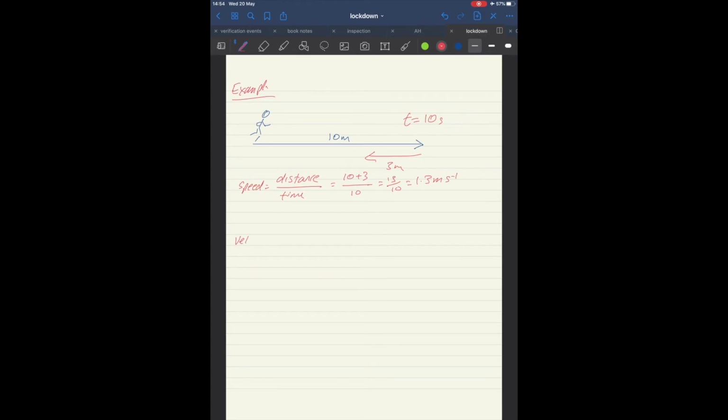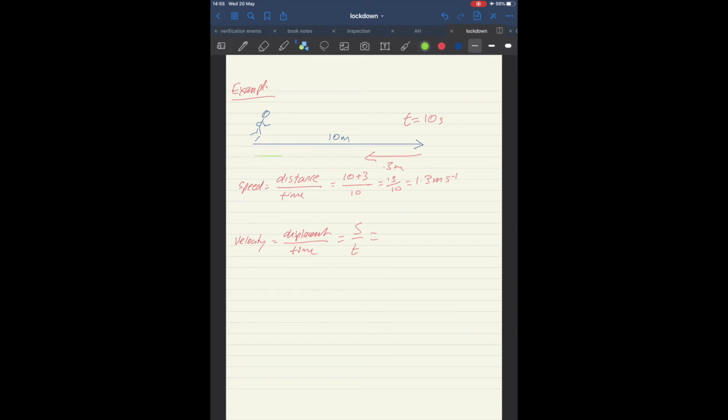Okay? Velocity, on the other hand, is displacement. Now, I'm going to clarify something here. The symbol for displacement is actually an S. Okay, you'll get used to that, don't worry. Now, what's the displacement? How far is this person from the starting point?